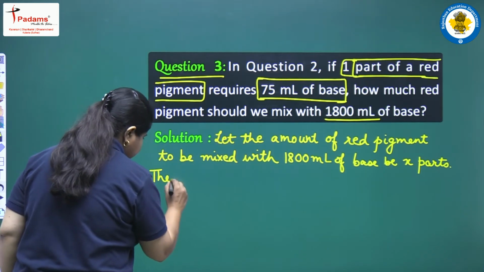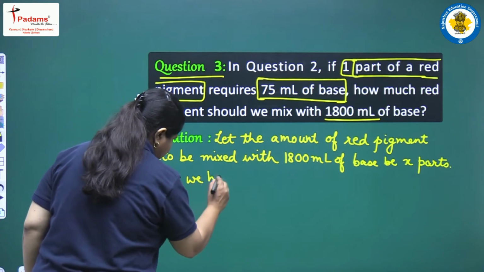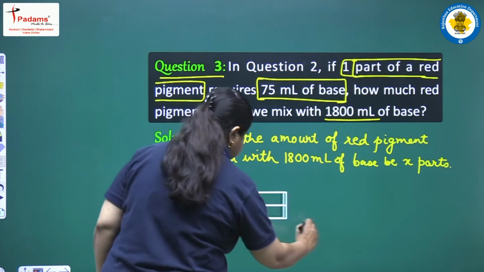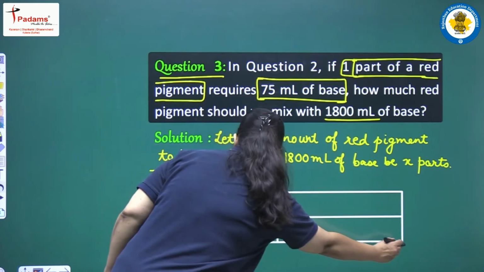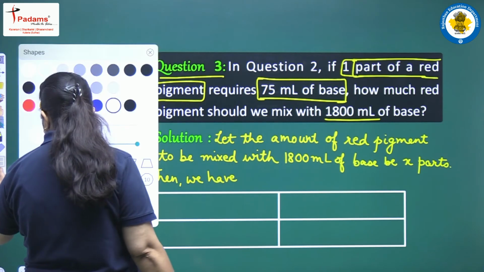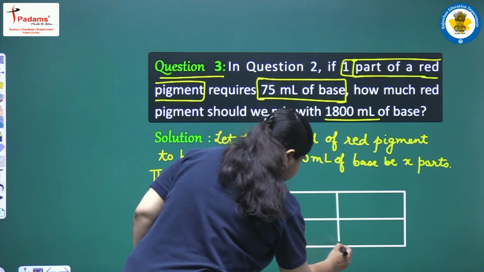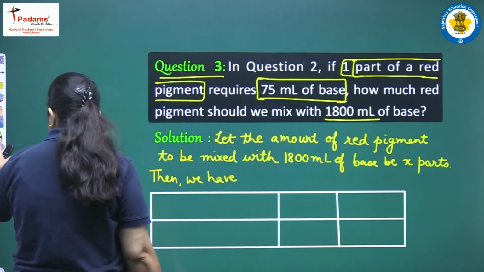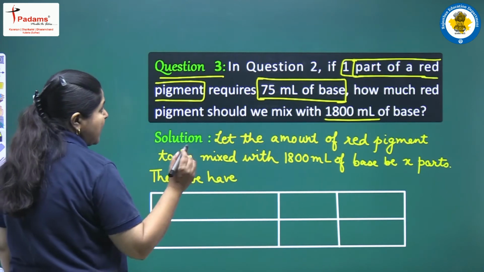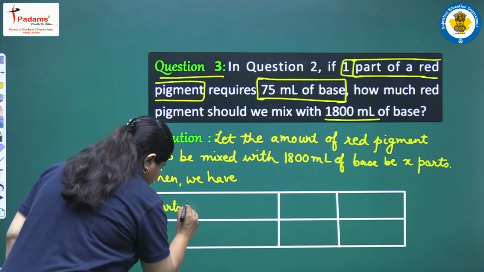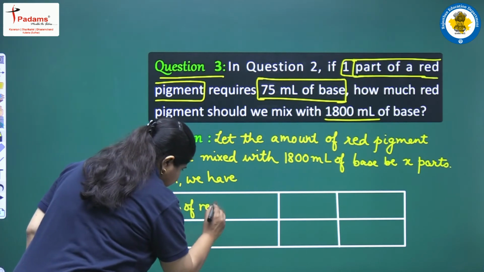We form one table. Let me draw one table first. We take one table here, and now we will write the values inside this table. The first quantity is parts of red pigment.